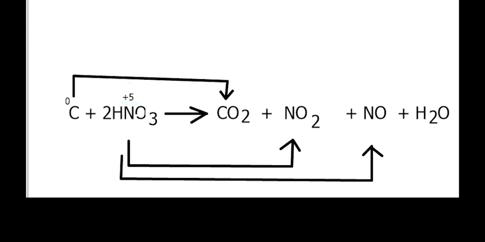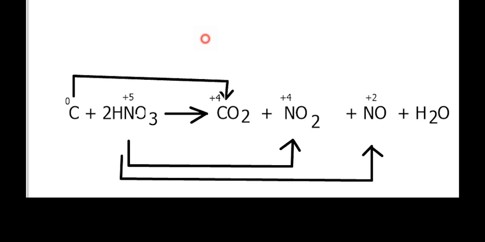The oxidation number of carbon in carbon(IV) oxide, as the name implies, is +4. The oxidation number of nitrogen in NO2, nitrogen(IV) oxide, is +4, and the oxidation number of nitrogen in NO, nitrogen(II) oxide, is +2.